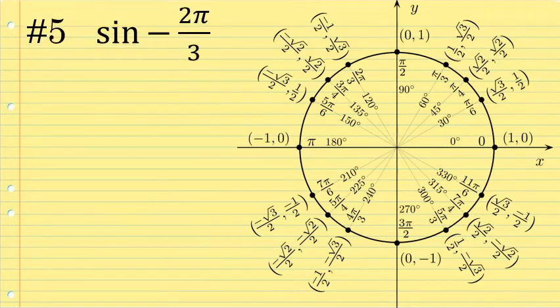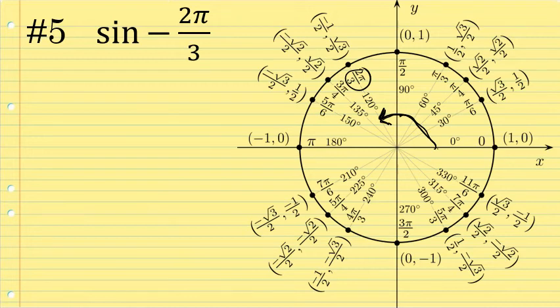And finally, let's take a look at one more negative angle, a negative angle measured in radians, the sine of -2 pi over 3. Well, positive 2 pi over 3 is this angle. It goes up and around the unit circle counterclockwise, pi over 2 or 90 degrees, and then pi over 6 or 30 degrees more.